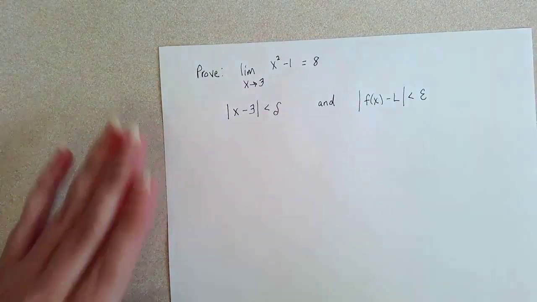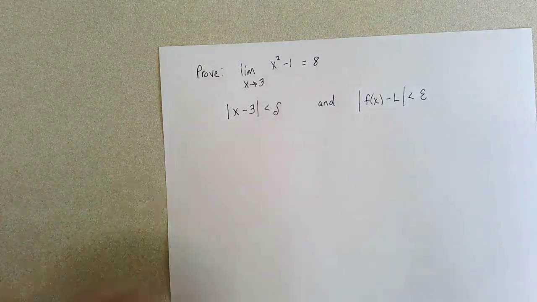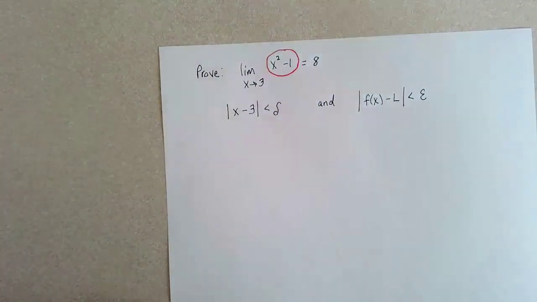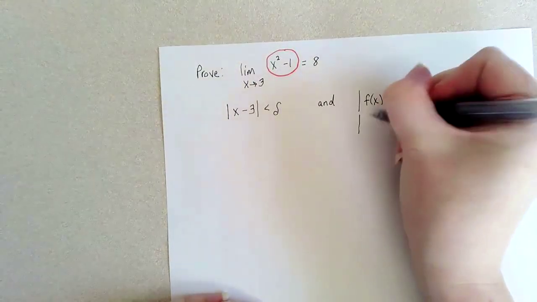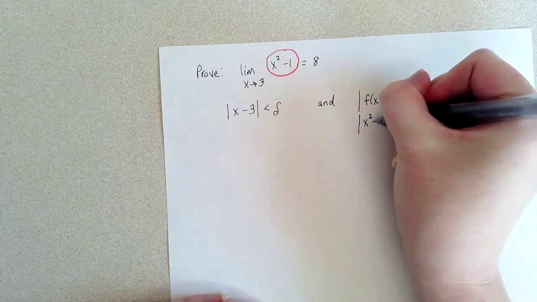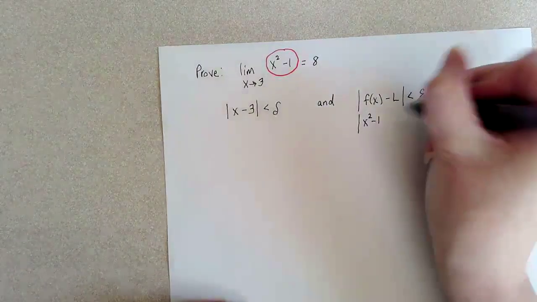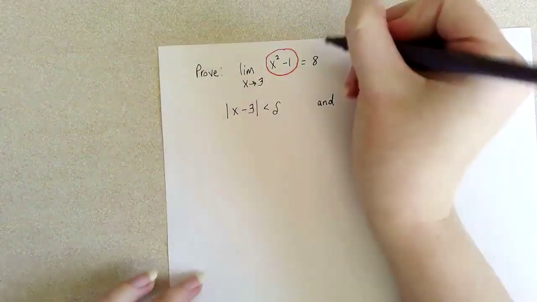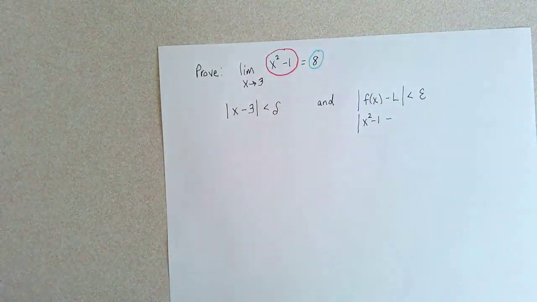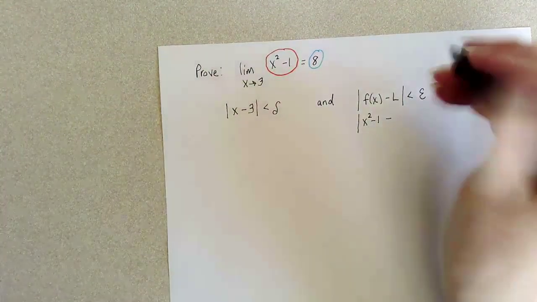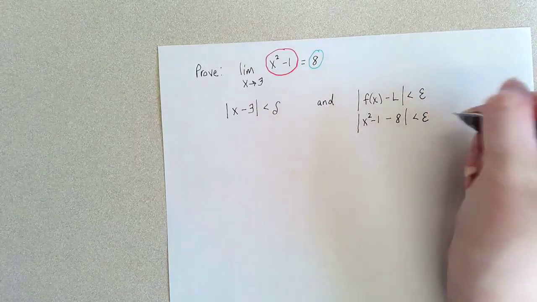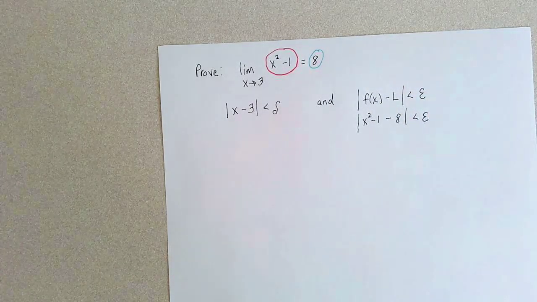And so for this one, my f of x is that part right there. And then I want to subtract the limit, which is this 8. So we want that to be less than epsilon.